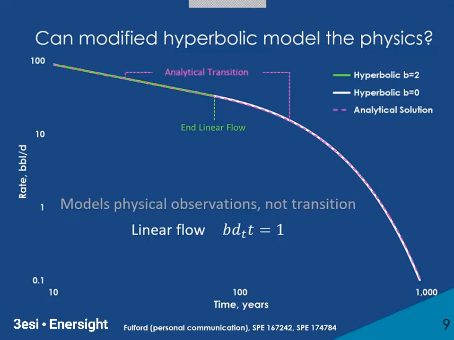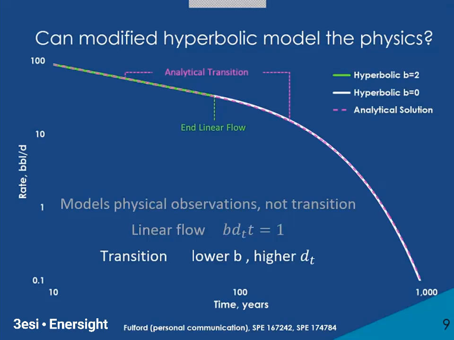So in the analytical transition, we have the B value changing over time. And in the hyperbolic equation, the B value is distinct, but the decline factor is changing so that you end up with the same results no matter which equation you use. So the important part is that the product of B, D, and t is equal to 1.